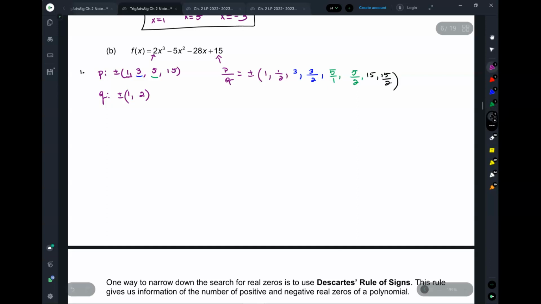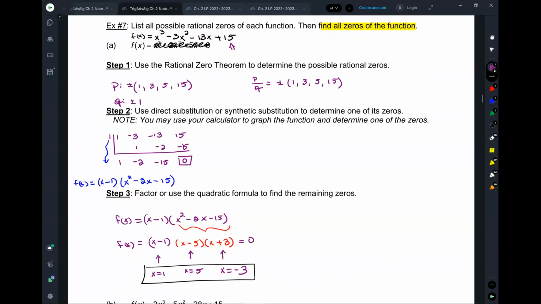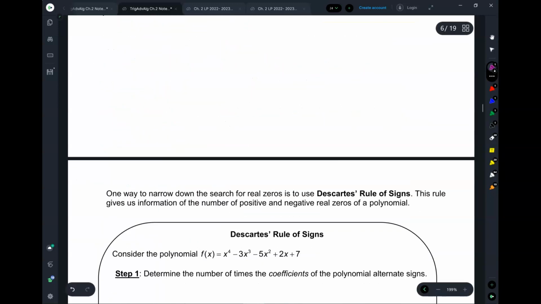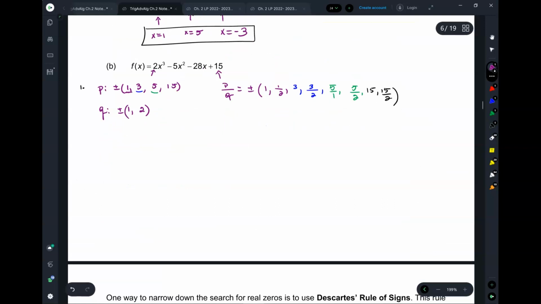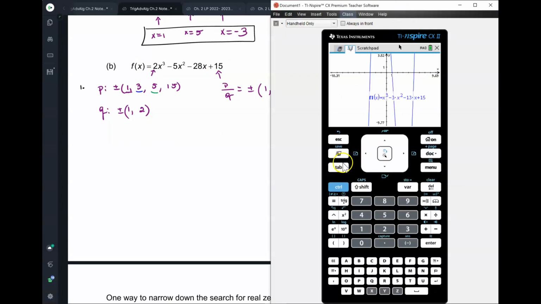Okay, now, second step was to do the synthetic substitution, in order to see which one is a 0. So, again, we're going to use the cheat. So here, go back to your calculators, please. Press tab, and then press the up arrow to get to here. Quick way to delete this is do Control, Delete, Enter. Now you've got a blank slate.